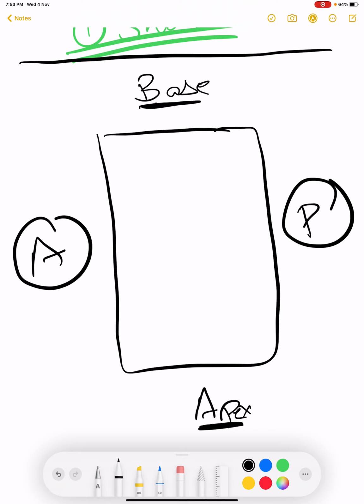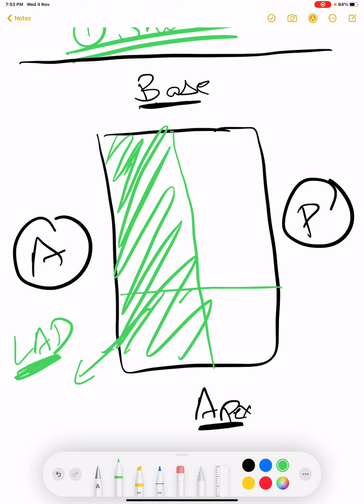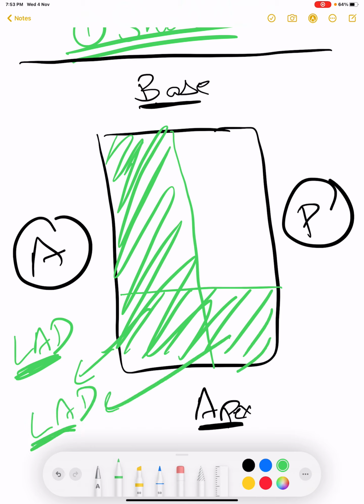So what is the division? The anterior half is totally supplied by the left anterior descending, plus the apex is totally supplied by the left anterior descending.